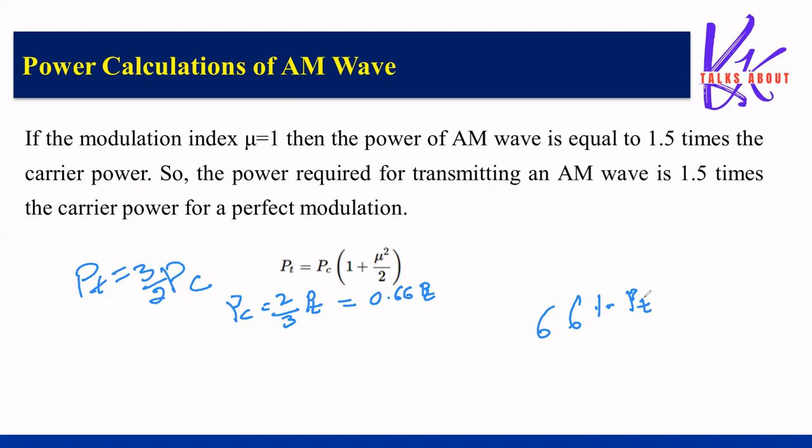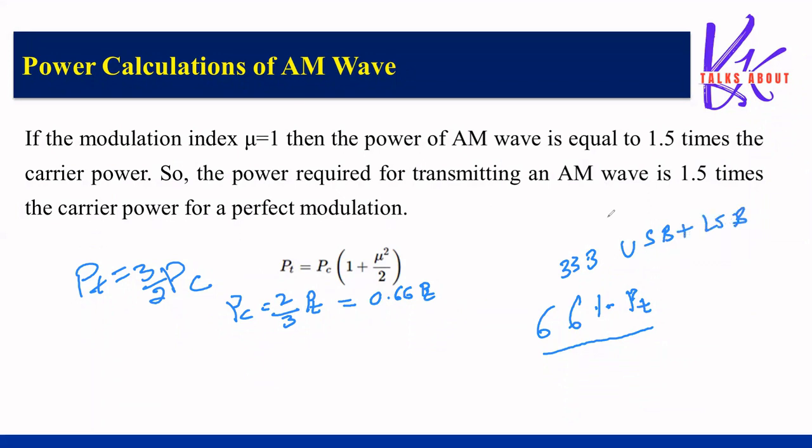So only the carrier itself is consuming 66% of the total power, and the remaining 33.3% is utilized by your USB plus LSB.